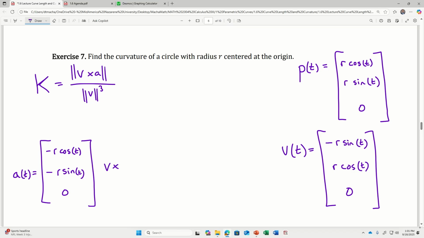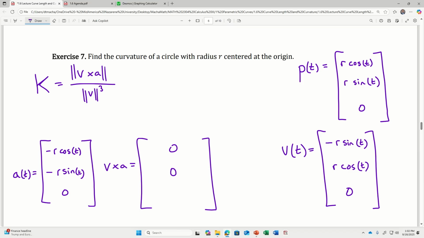Then I will need the cross product between velocity and acceleration. And the cross product is going to start off with 2 zeros. I definitely told you this during our cross product lecture. I don't know if you remember this. But if I've got two-dimensional vectors and I want to take their cross product, it's a scalar in 2 dimensions.